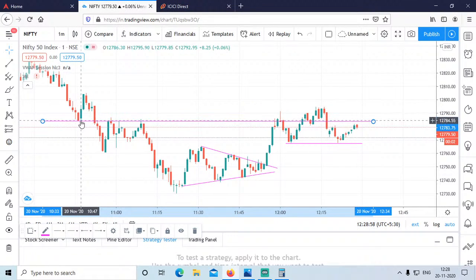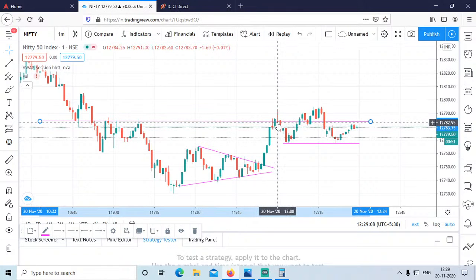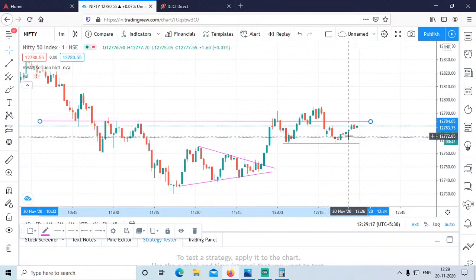Yes, this one support, after this it got broken and again touched as a resistance. Now this is the third resistance. After that the breakout happened. It's a false breakout and again it is coming to the bottom.